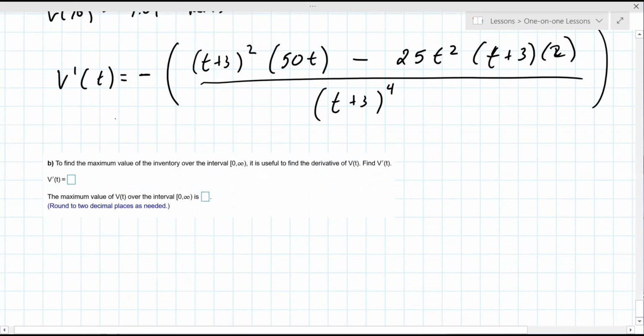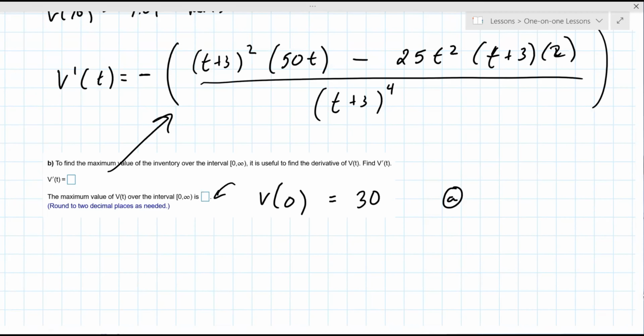So you could put all this in for part B, and then the maximum value of V of t is always going to be V of 0, which is whatever you found in part A, which happens to be 30. So the answer from part A goes in there.